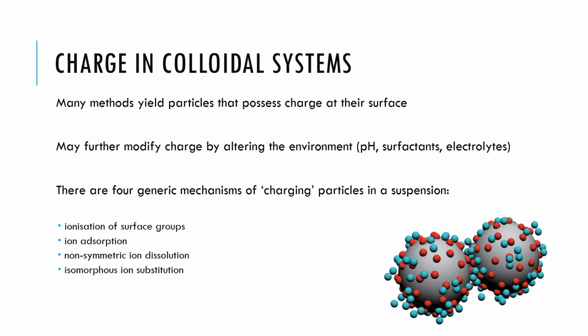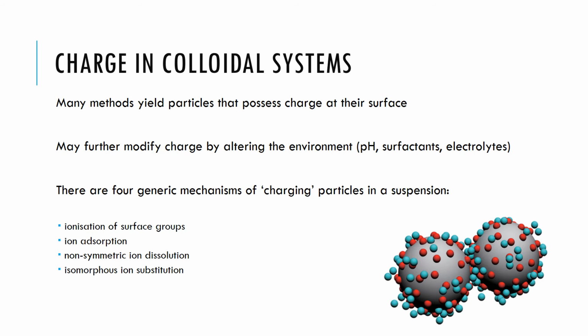Now, there are many methods that you can use to introduce charge onto the surface of a particle. Most of them deal with either changing the pH of the environment in which the particle sits.